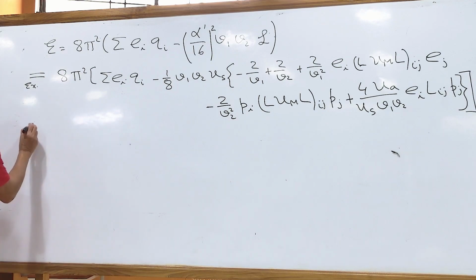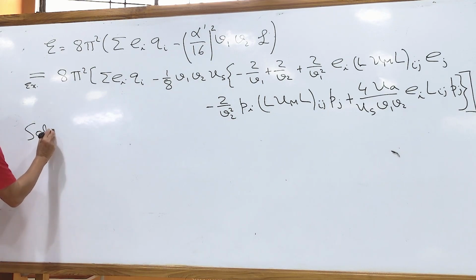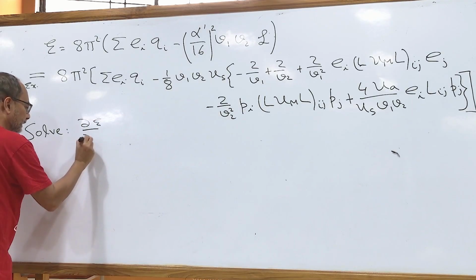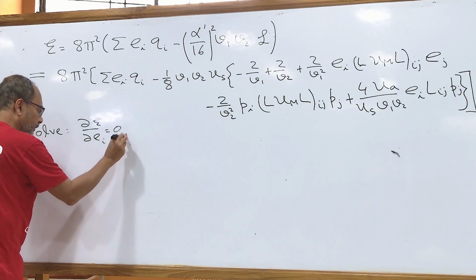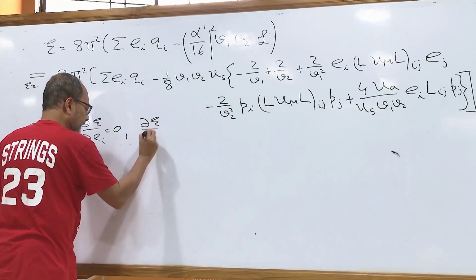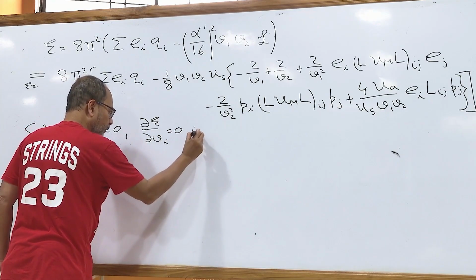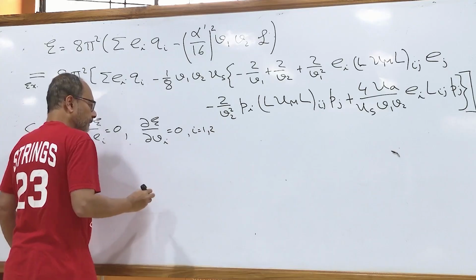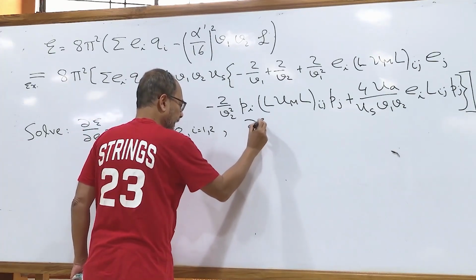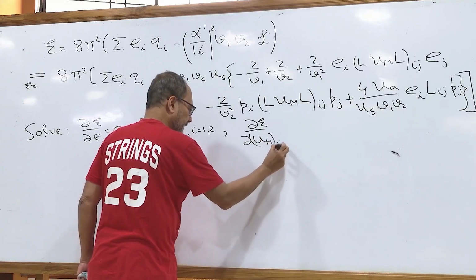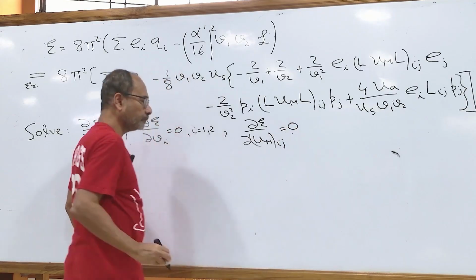And then you have to now solve del E del EI equal to 0, del E del VI equal to 0 for I equal to 1, 2, and del E del UM IJ equal to 0.